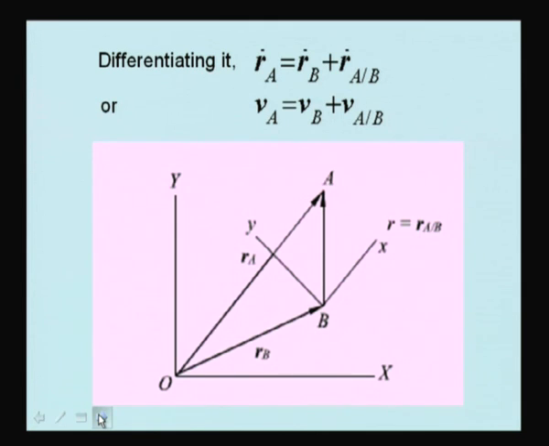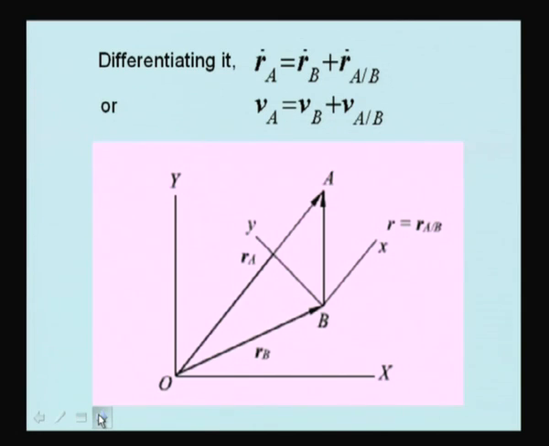Differentiating with respect to time and indicating the differentiation by a dot, we get r dot A equal to r dot B plus r dot A/B. r dot A is nothing but the velocity of A, the change in the position vector of A, because r_A is the position vector with respect to the capital X capital Y frame. Therefore, r dot A gives the absolute velocity of point A, indicated by V_A.